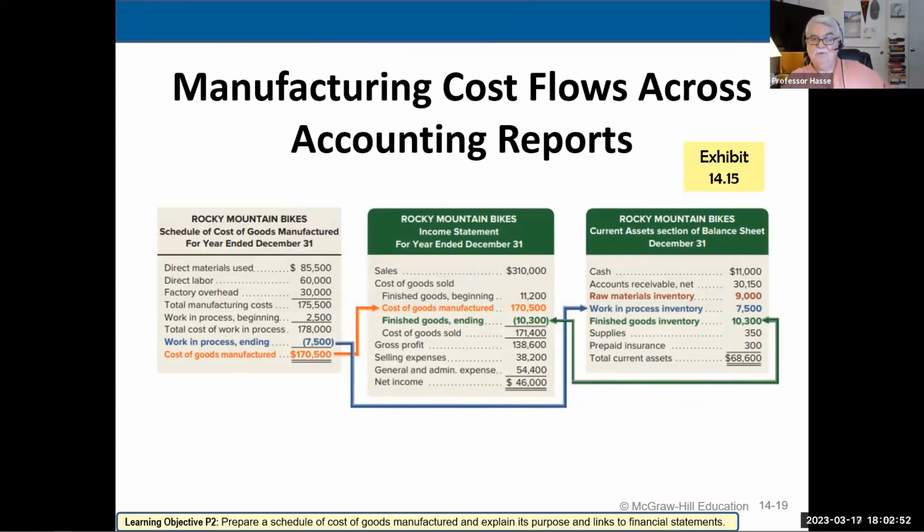And then those ending inventories are part of the balance sheet. This is how that flow works. I'm not going to ask you to do any of this, but it's good for you as MBA students to get a handle on this flow. It makes sense.